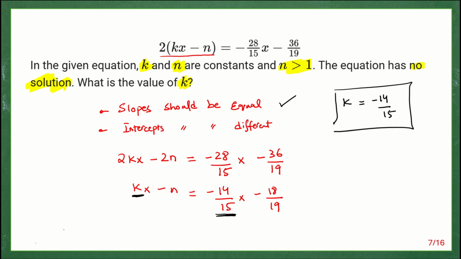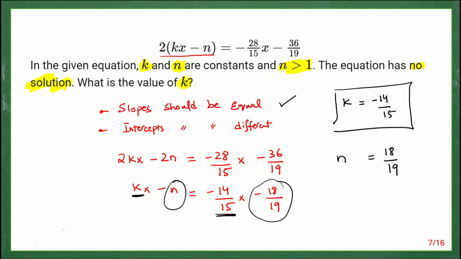We need to verify that the second condition of intercepts is also correct, and for the intercepts the value should be different. In this case, one of the intercepts is negative 18 over 19, so the value of 18 over 19 here, and on the other case I have an intercept of n.